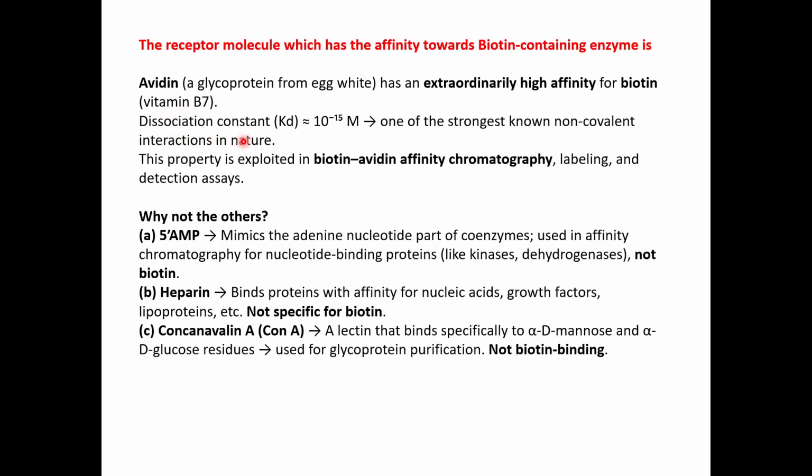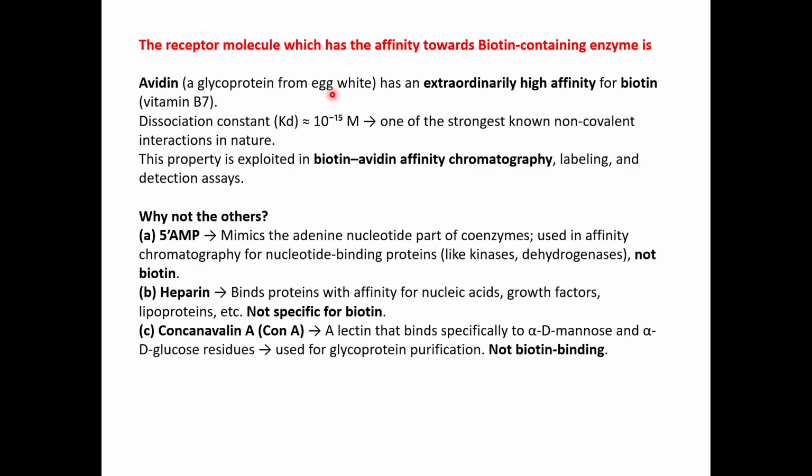The dissociation constant for this is 10 power minus 15 molar. So this is a very strong non-covalent interaction. And this property is exploited in biotin avidin affinity chromatography as well, where labeling and detection assays can also make use of this kind of interaction.